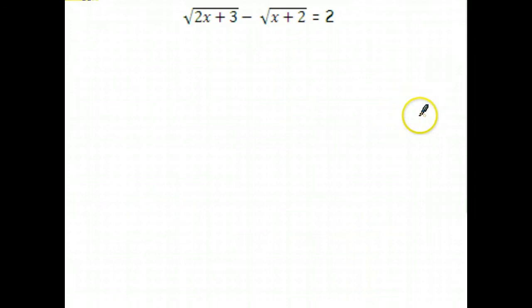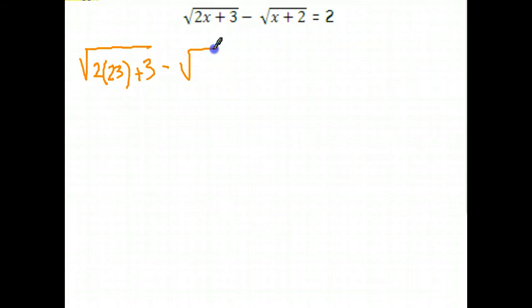So we're just going to go ahead and check x equals 23 first. We're going to take the square root of 2 times 23 plus 3 minus the square root of 23 plus 2. We're going to ask ourselves, is that equal to 2?